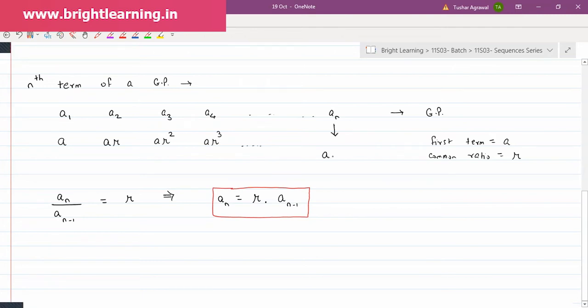It will be A R raised to, how much should I write? The power of R. Think for a while and answer. You can answer orally. R to the power what? Anyone of you?